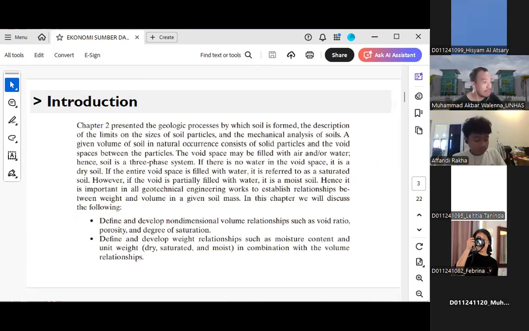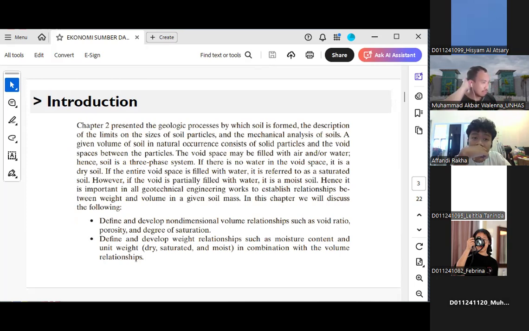When it comes to soil mechanics and talking about soil, if I'm not mistaken I discussed this in the first week, but if I haven't, this is the right time to introduce this concept.